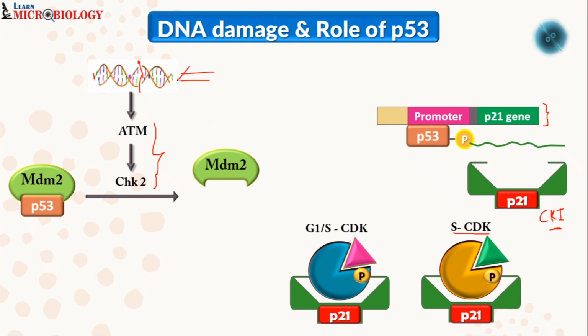You cannot replicate a damaged DNA. So what it will do is it will recruit your P53 molecule, make it active and allow it to transcribe the P21 molecule, and now this P21 can bind to your SCDK, and this active form of SCDK becomes inactive.